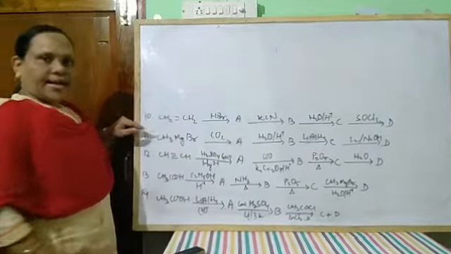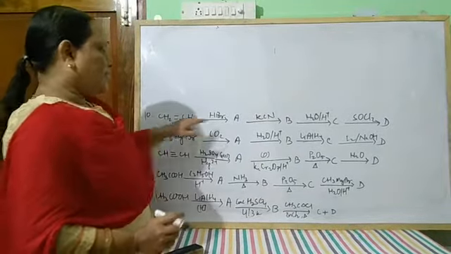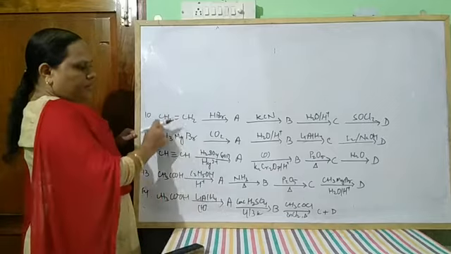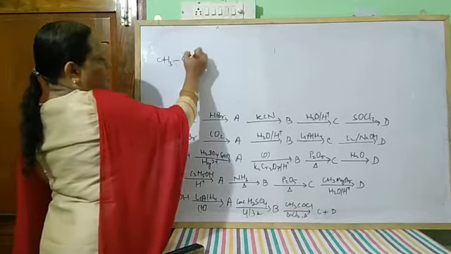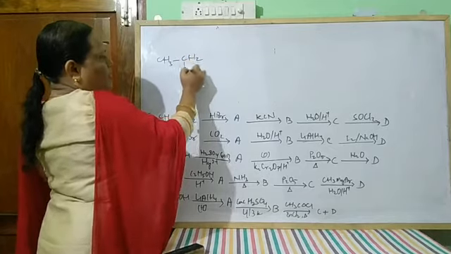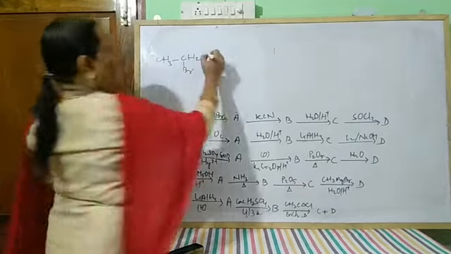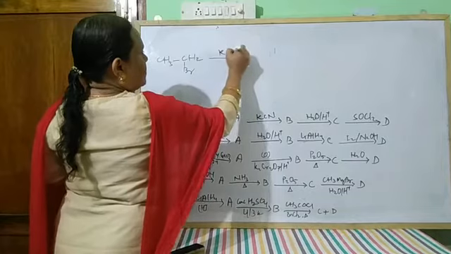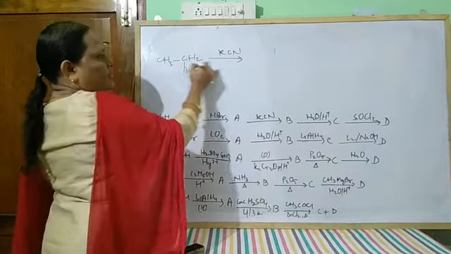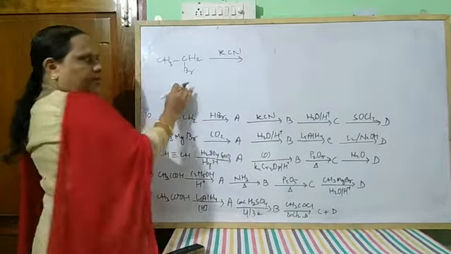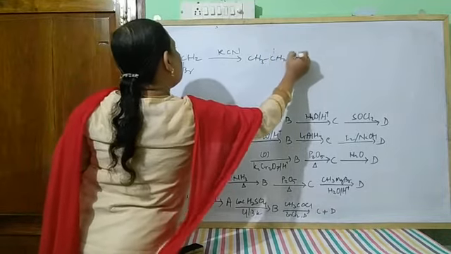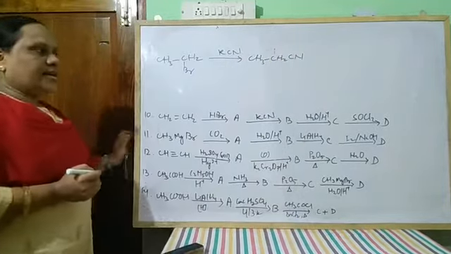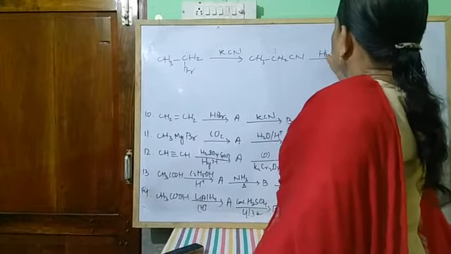Next, alkene. Alkene reacts with HBr. Bond breaking takes place, one H and one Br. So in this way it forms CH3CH2Br, ethyl bromide. And when it is treated with potassium cyanide, this Br is substituted by the cyanide group. It forms ethyl cyanide. And ethyl cyanide undergoes hydrolysis.